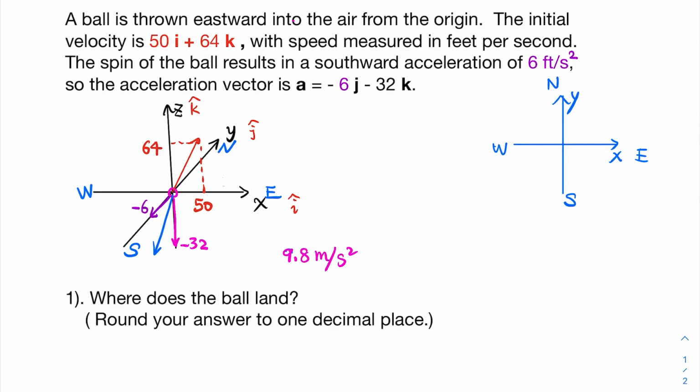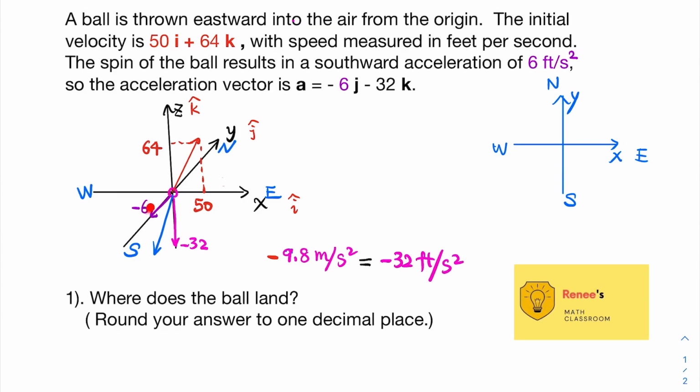That's why we put a negative sign there. In feet and seconds, gravitational acceleration is approximately -32 feet per square second. So the southward acceleration is 6 feet per square second, and the downward acceleration is -32 feet per square second.